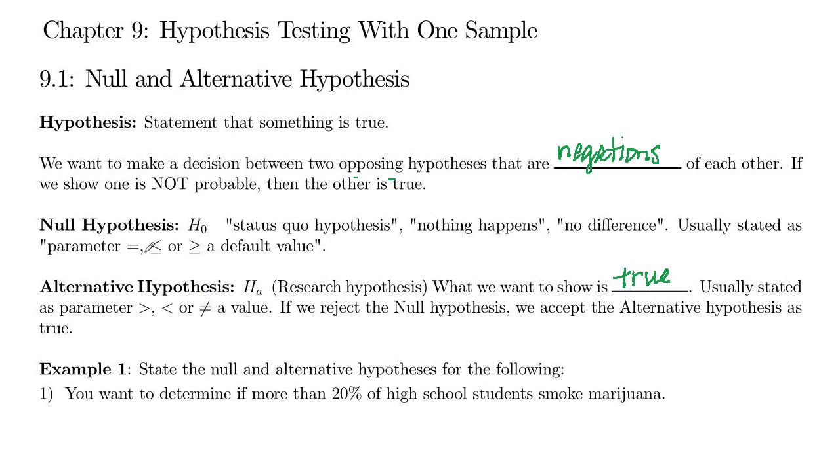The null hypothesis is always the one that includes the equal, either equal, less than or equal, or greater than or equal. If you reject your null hypothesis, then you're going to accept the alternative hypothesis as being true. It doesn't prove it true 100%, but we'll have a degree of reliability in there.